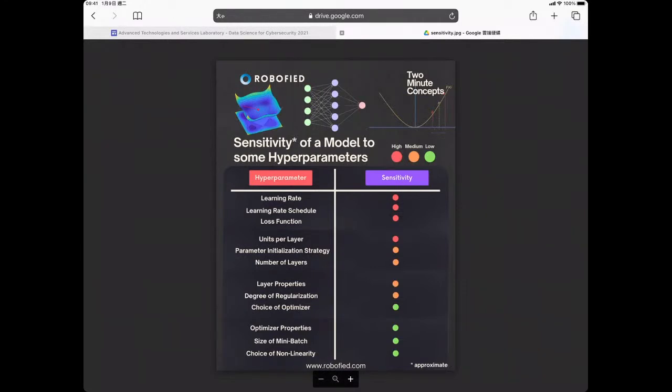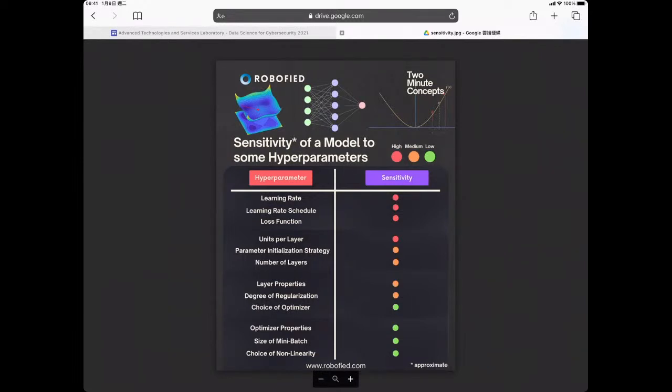As a designer, you have to choose what kind of parameters and what values you want to use, because those values deeply influence the effectiveness and the efficiency of your model. So here's a list of hyperparameters.